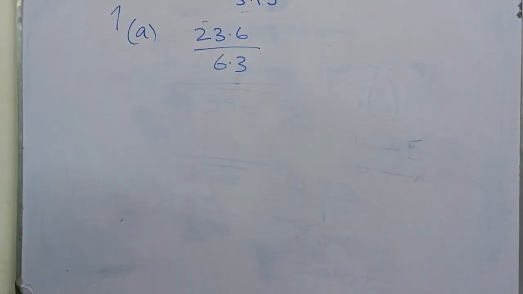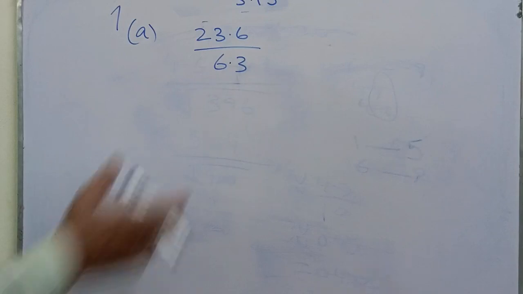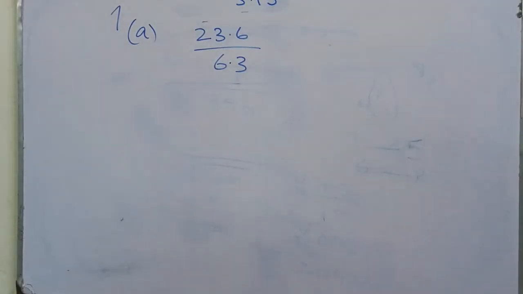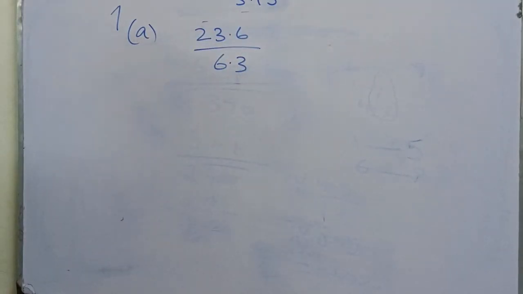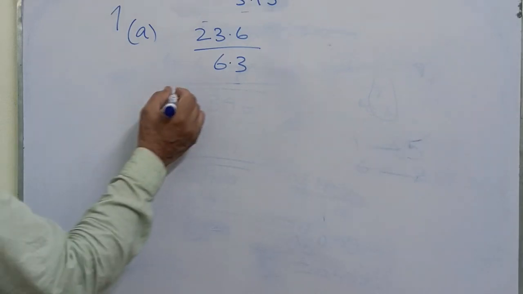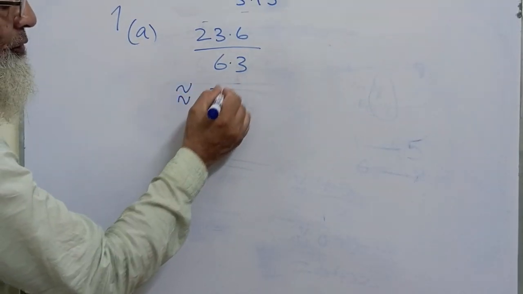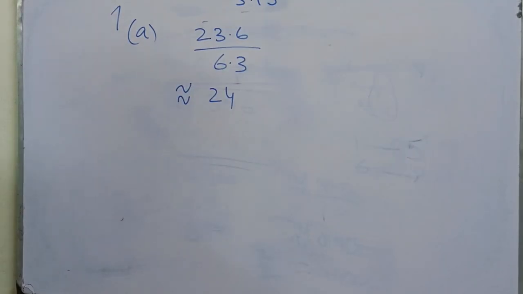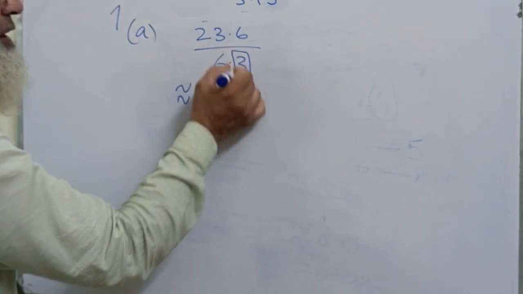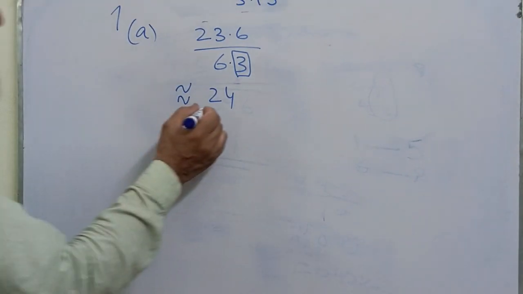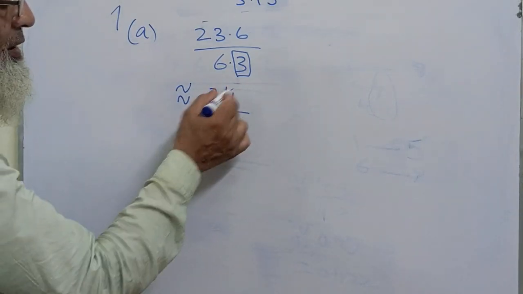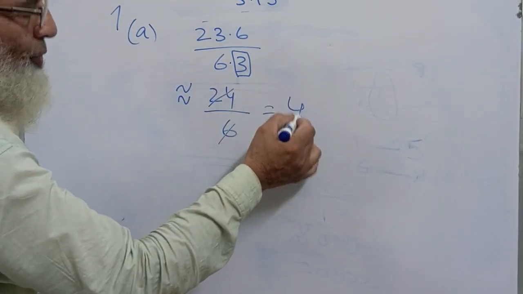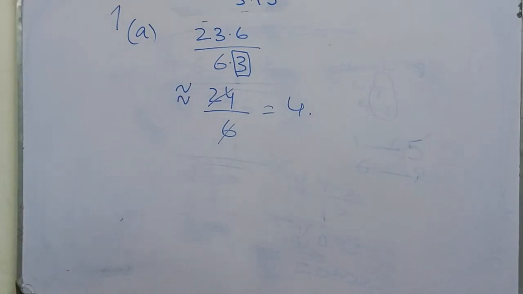This is from 0.6 to 0.9, and this is from 0.1 to 0.5. So we will take the next whole number, that is 24, from this one, and we'll just leave this 0.3 right here and continue with 6. Now 24 divided by 6 is 4 only.